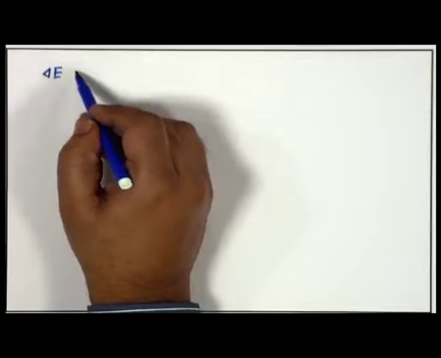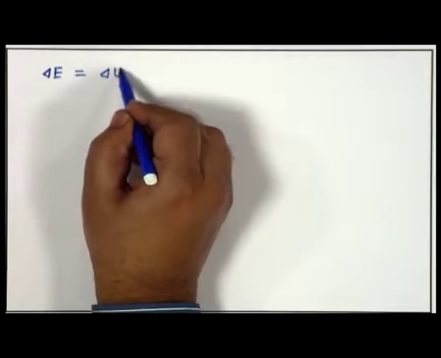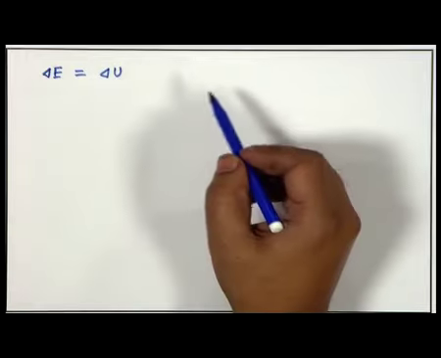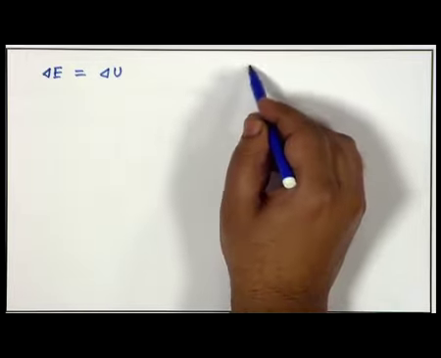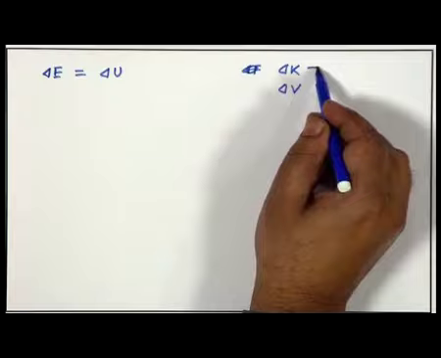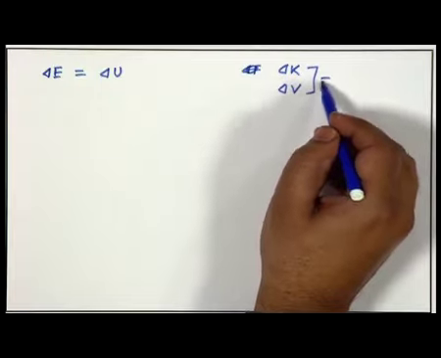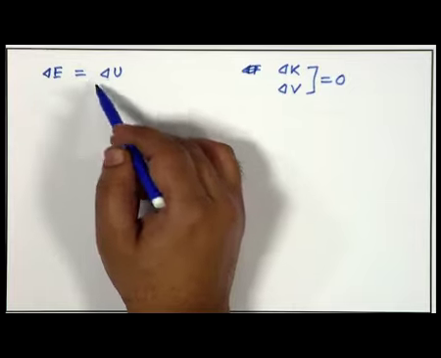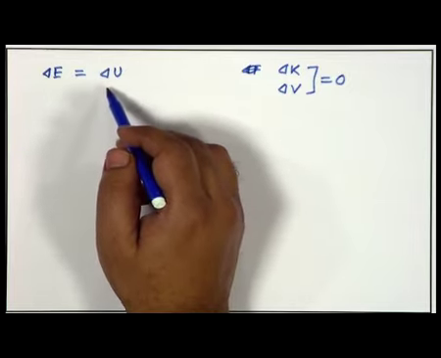And we also had seen earlier that the total energy change we can equate to change in internal energy for the systems which we normally deal with, where the change in macroscopic kinetic energy and change in macroscopic potential energy is 0. So, total energy change is given by only the change in internal energy.